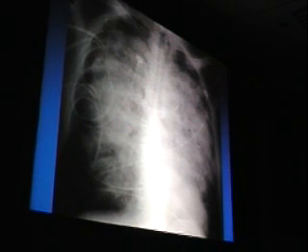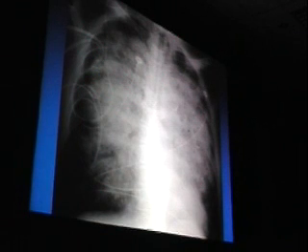I think we can all look at this film and readily come to the conclusion that there are diffuse airspace opacities, but it's rather in generating a relatively intelligent differential diagnosis, because most of the causes of airspace disease are fairly non-specific. It's very difficult on the radiograph alone, for instance, to narrow a differential diagnosis.